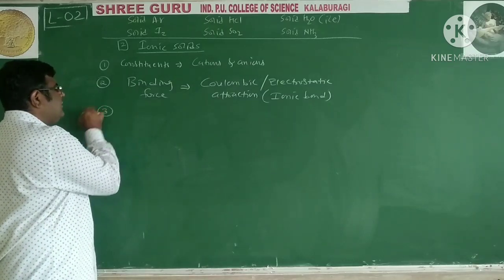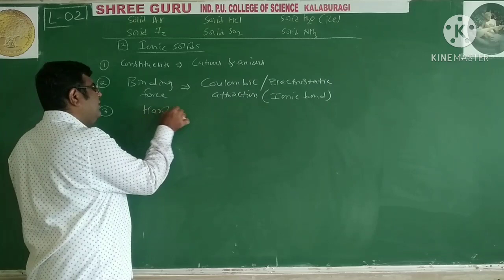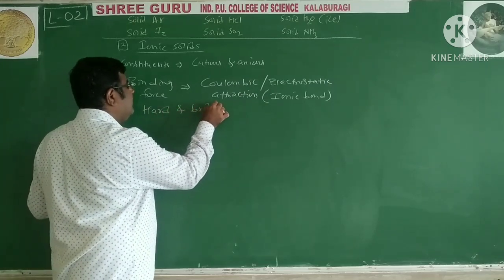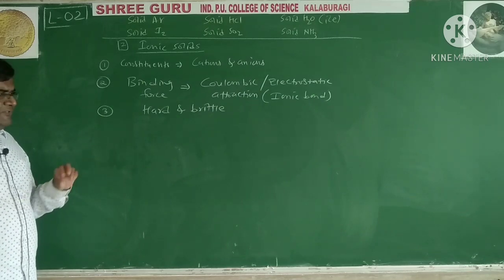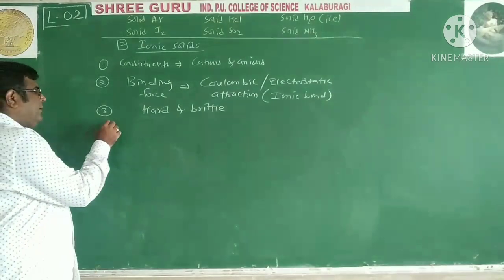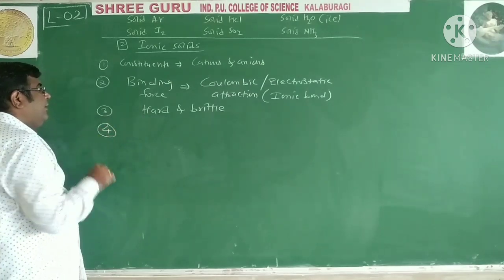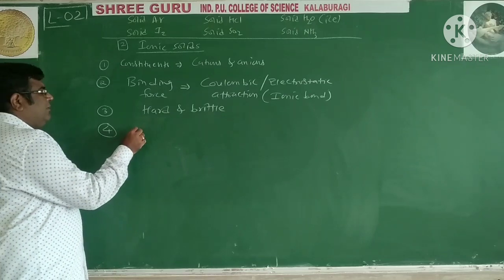Third is, we can say they are hard and they are brittle, meaning they can easily break. And then fourth one is their melting point.